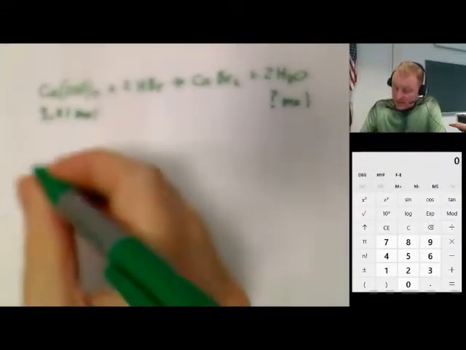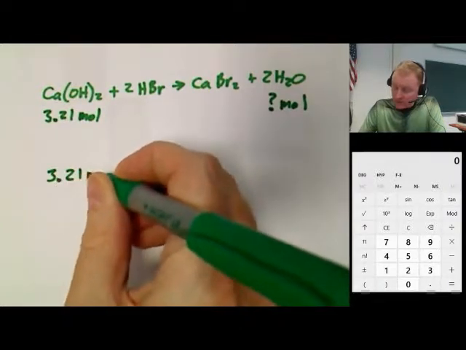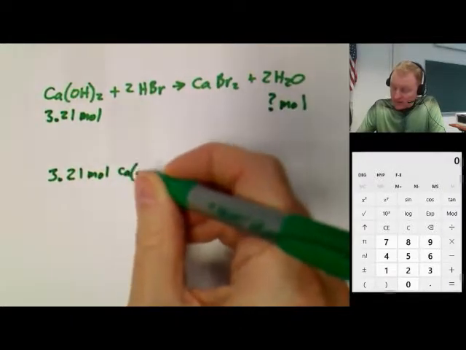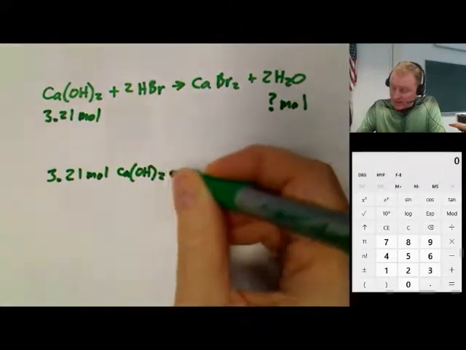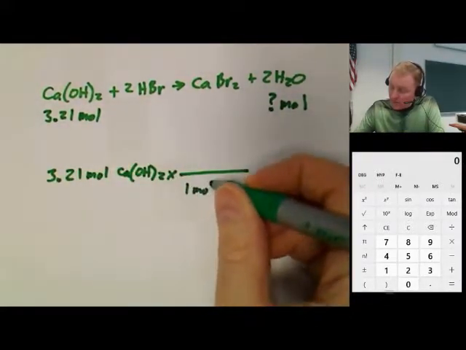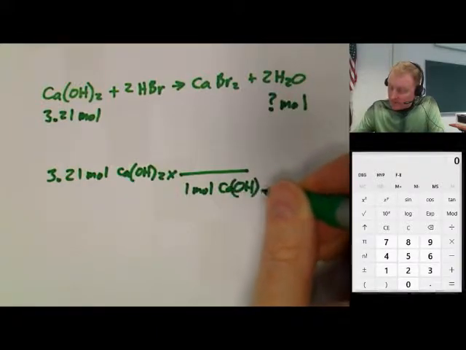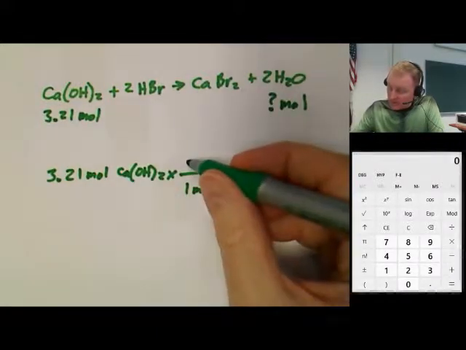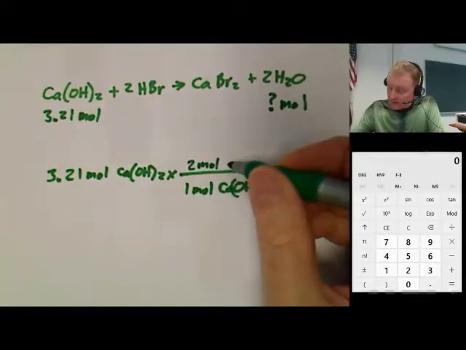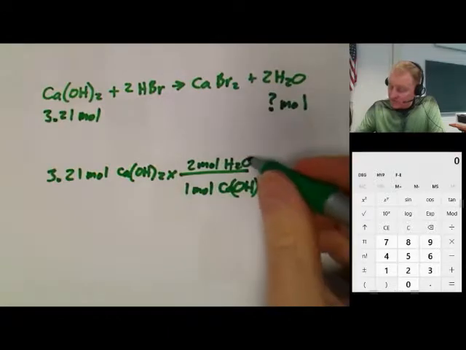To solve it, we're going to take what we know, 3.21 moles of calcium hydroxide times, for every 1 mole of calcium hydroxide, there are 2 moles of water. That's the stoichiometric relationship between the two.